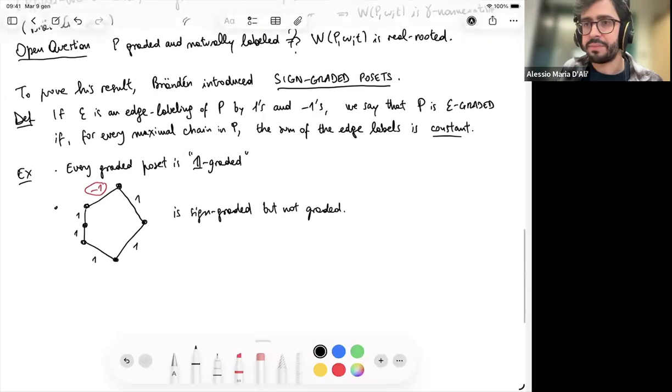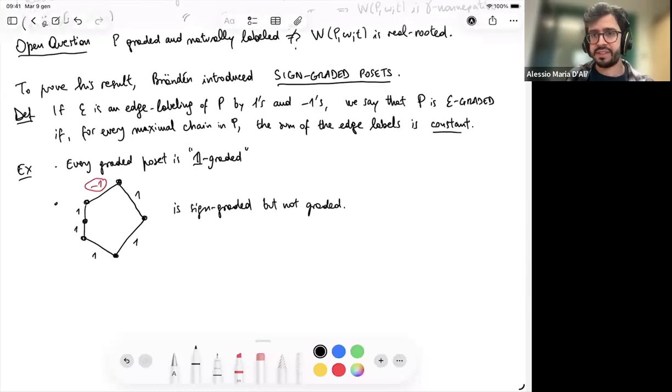Okay, and I should say that when you have a sign graded poset, what is nice about those? You would need a little less than what I'm about to say, so you could actually get a slightly more general definition. But I'm just going to state it like that because the results that come afterwards are going to use sign graded and not this more general condition. But what I want to say is that you can define a rank function. And the rank function, instead of counting stuff, is going to just do this weighted count.